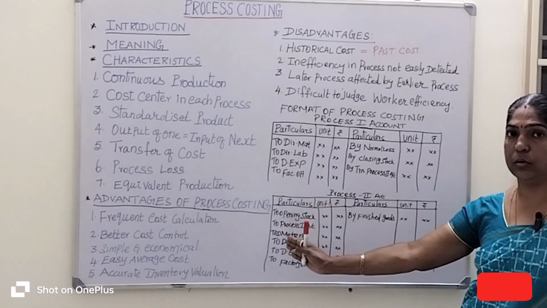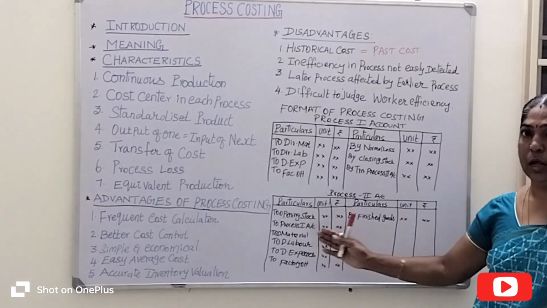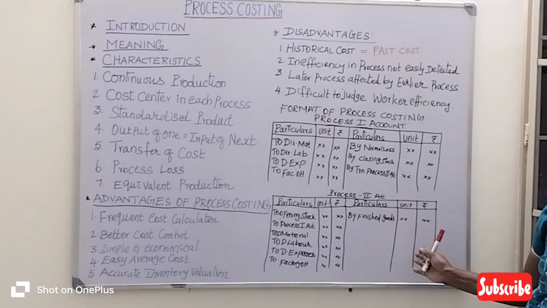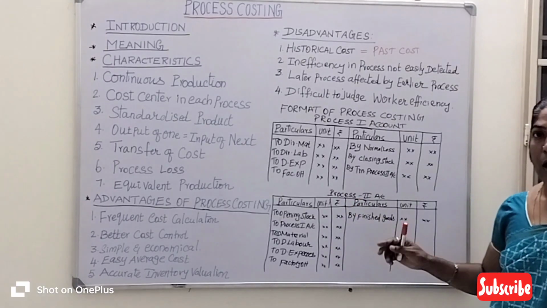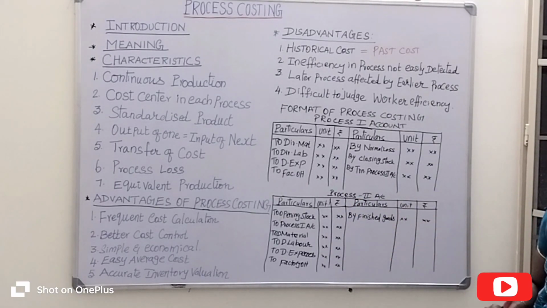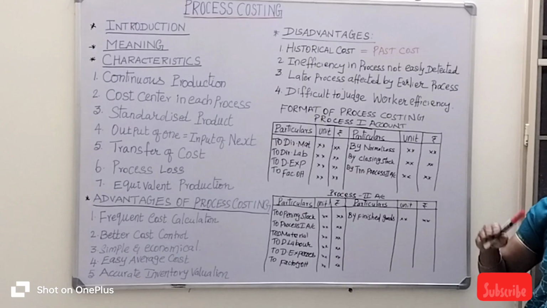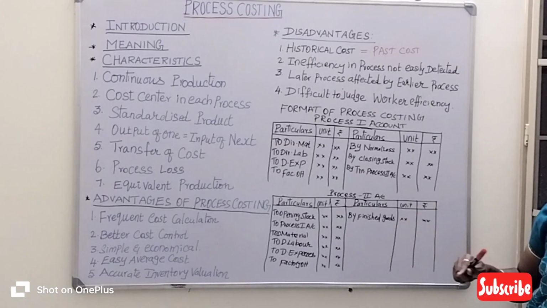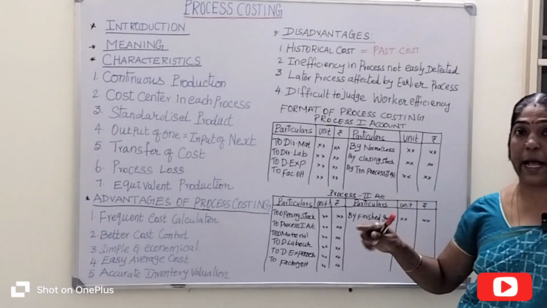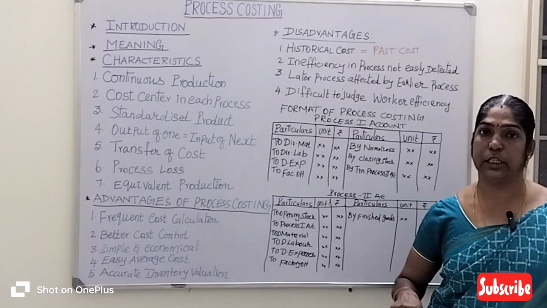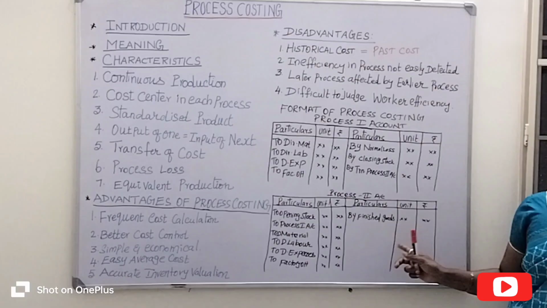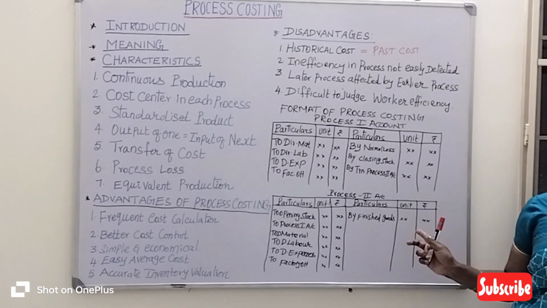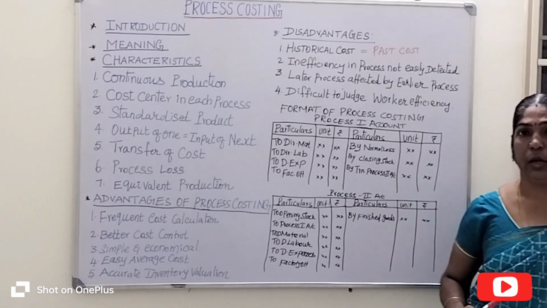Opening stock goes on the debit side, closing stock you enter on the credit side. Input units go on the debit side, output always on the credit side. Each and every output of each process will be transferred as the input into the next process, up to the end of the finished process, the finished product. So this is the format for process costing.